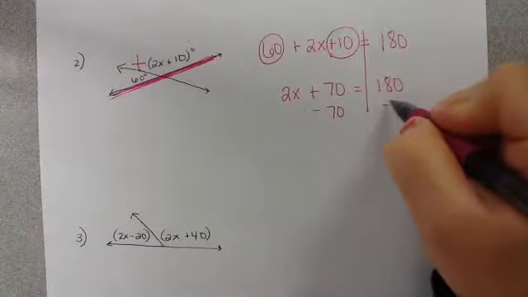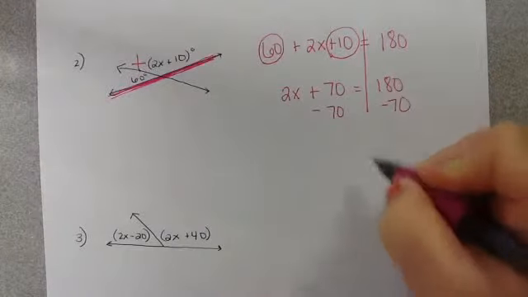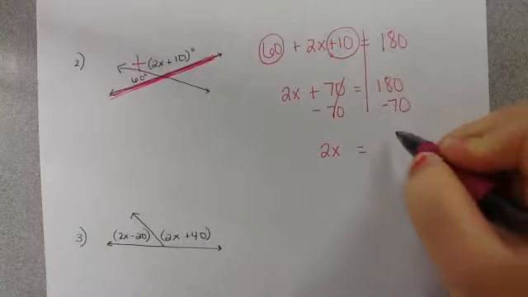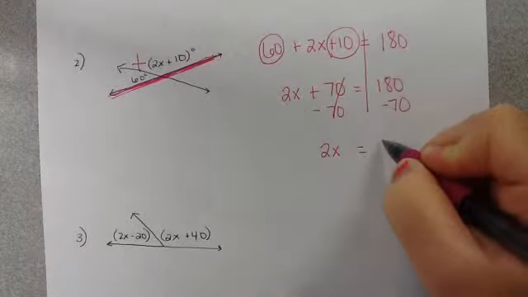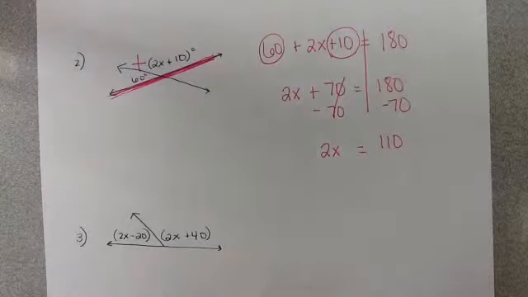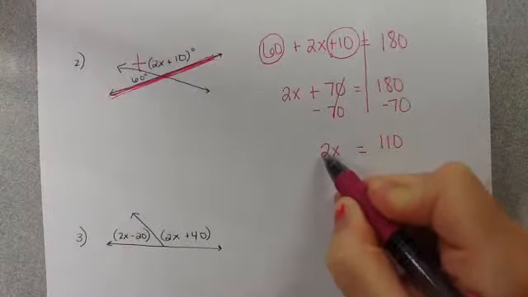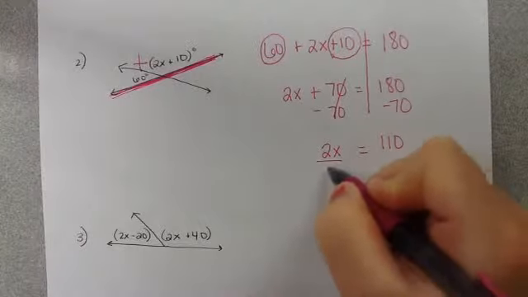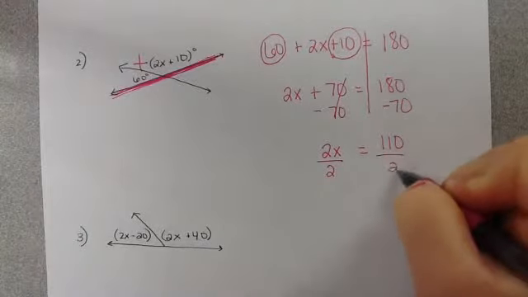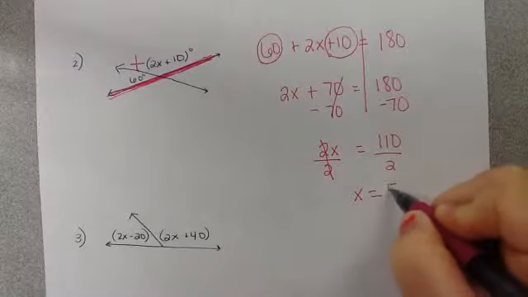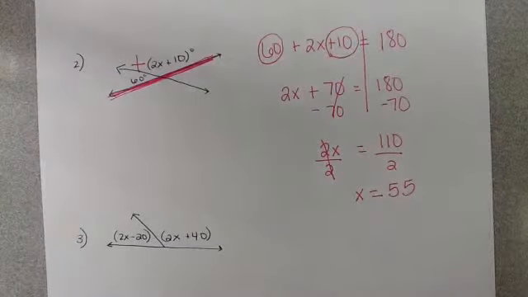What I do on one side must do to the other. 2x equals 110. And lastly, how did you solve? Get rid of a times 2, you will divide by 2. X equals 55.